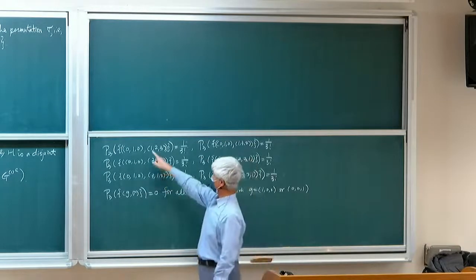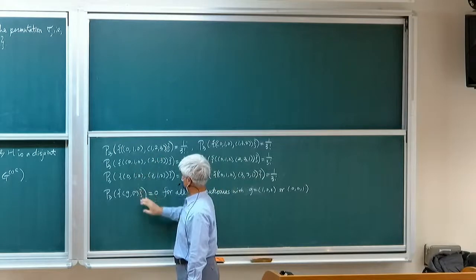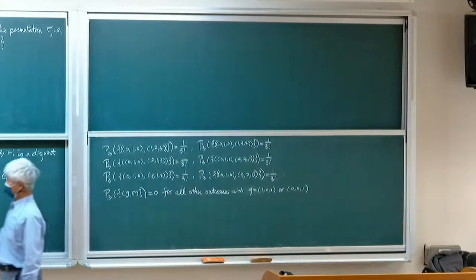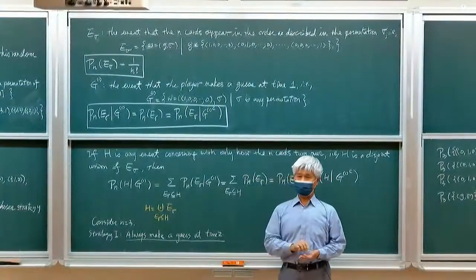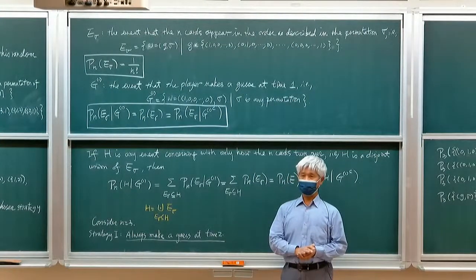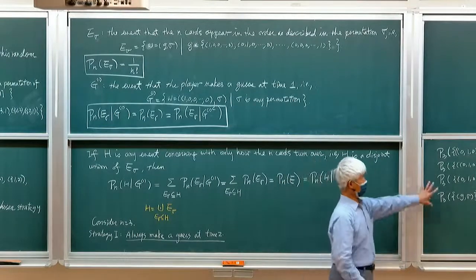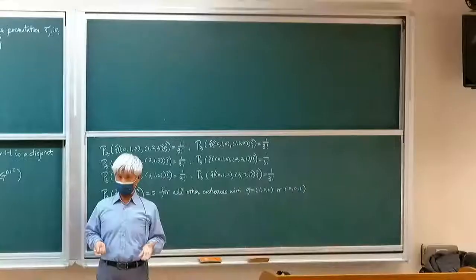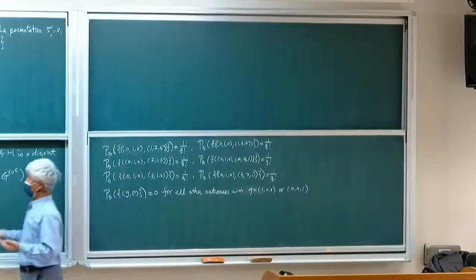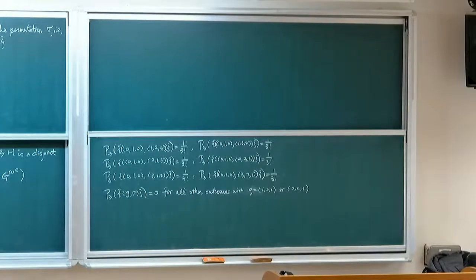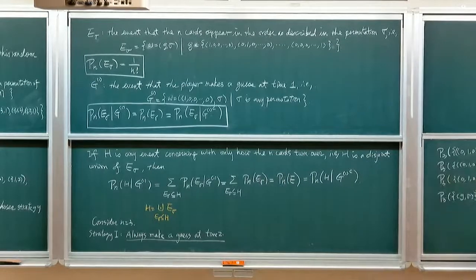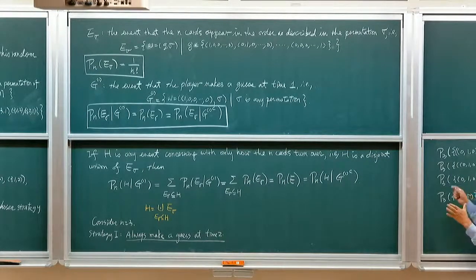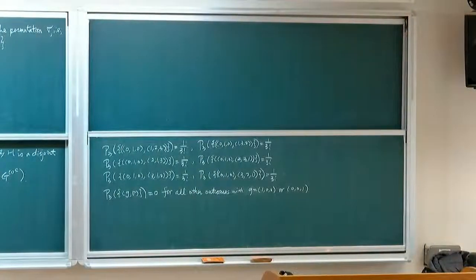All right, so this probability measure, this probability function, is determined by this strategy. Okay, so this is the probability measure. Now with this strategy, you have the probability space established.